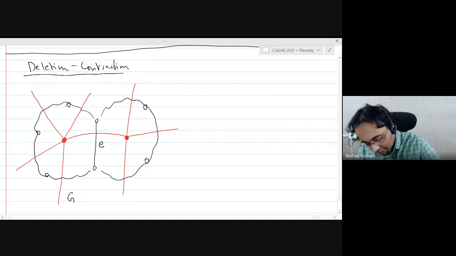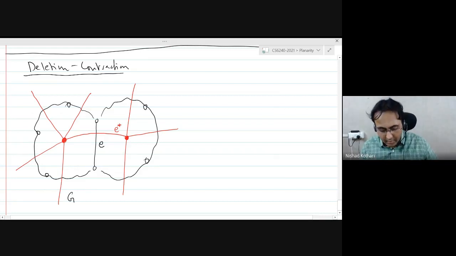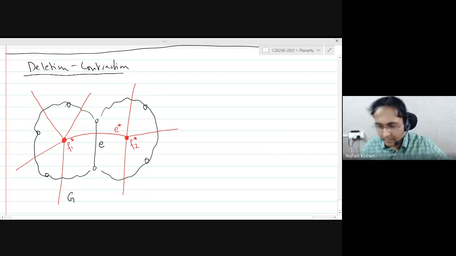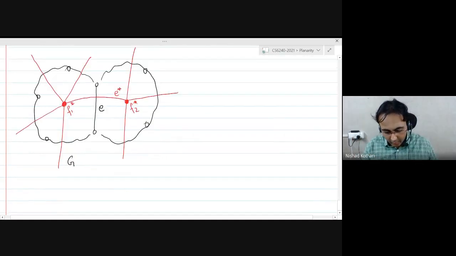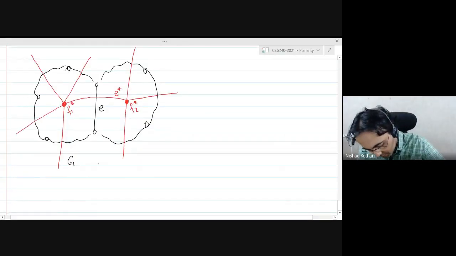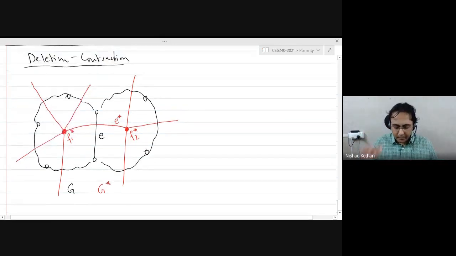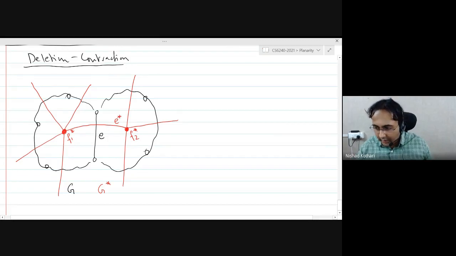And this is your edge E star. And let's call this vertex F1 star, where F1 is the face in the original graph. And let's call this F2 star. Okay, so what you have in red color is the dual. Now let's suppose we delete this edge E and look at the resulting plane graph.